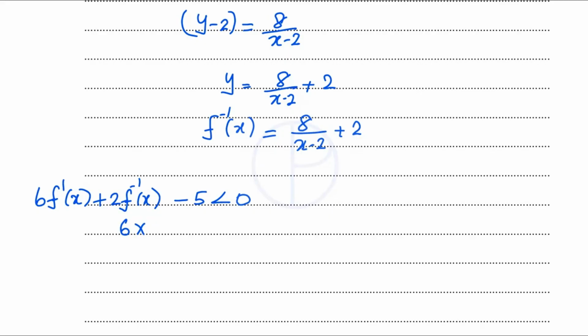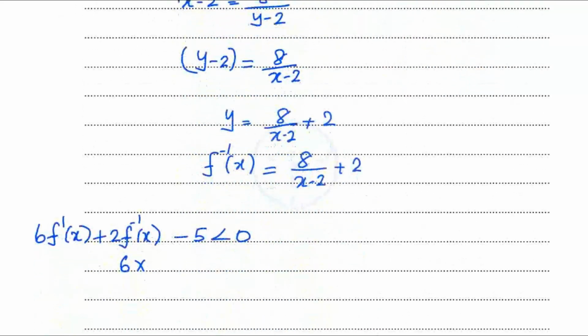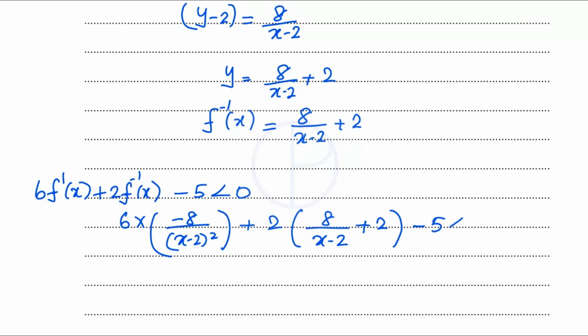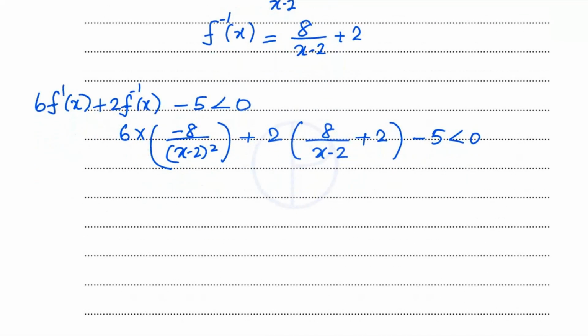So 6 times −8 is −48 divided by (x − 2) squared, plus 16 divided by (x − 2), plus 4, minus 5, less than 0.